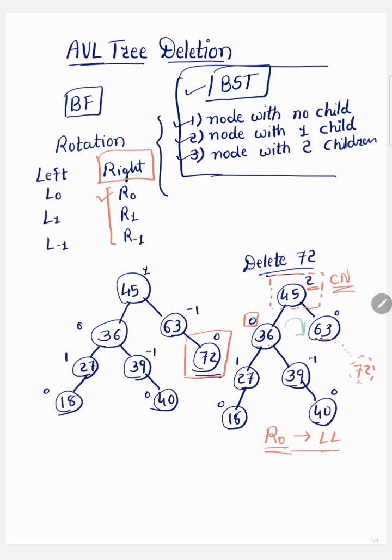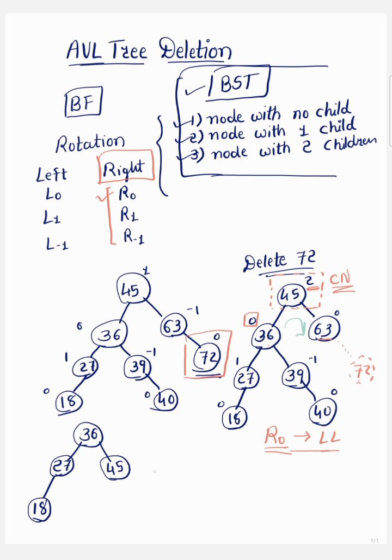If you rotate it towards the right, 36 will become your root node. The left child will remain the same, 27 and 18. 36's right child, previously it was 39, but after rotation 45 will be taking the place of 39.